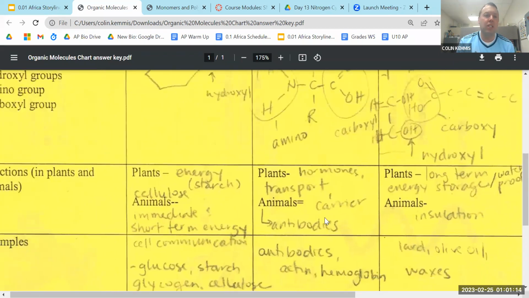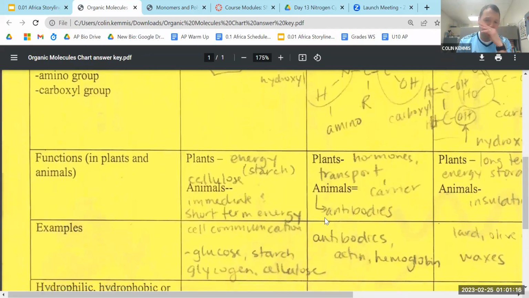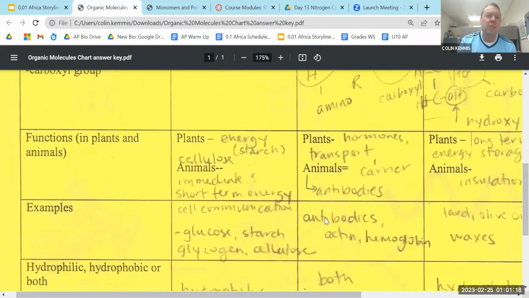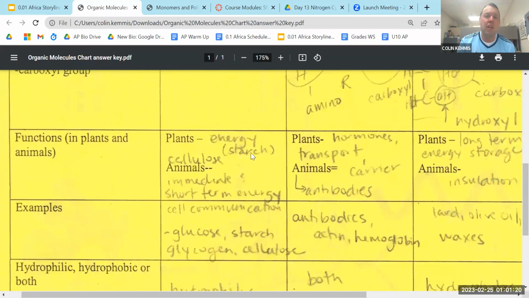I had quite a few questions about functions and examples of molecules. So let's look at some of the carbs. We have starch and cellulose. Starch is how plants store energy. Cellulose is how plants build their structure, both in the cell walls and then overall structure.